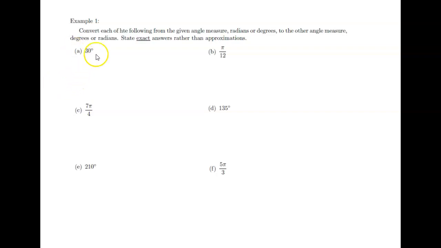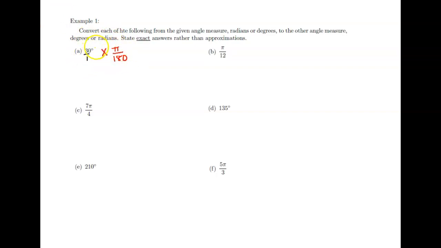So this first one here is 30 degrees, which means we are converting to radians. So if we are converting this to radians, that means we are going to multiply this by pi over 180. Okay? And since we know this is just 30 over 1, as any number is, we now have two fractions that we are multiplying.